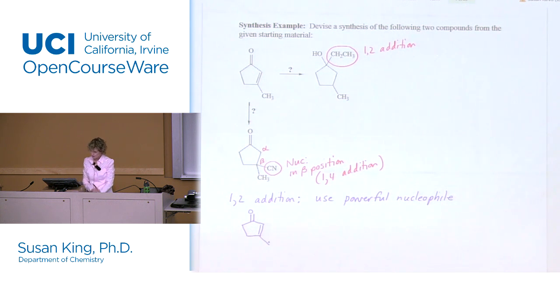All right, so there's our starting material here. Step 1, we'll use Grignard. I'm feeling in a Grignard mood today. Ethyl magnesium bromide followed by water. That gives us an alcohol.